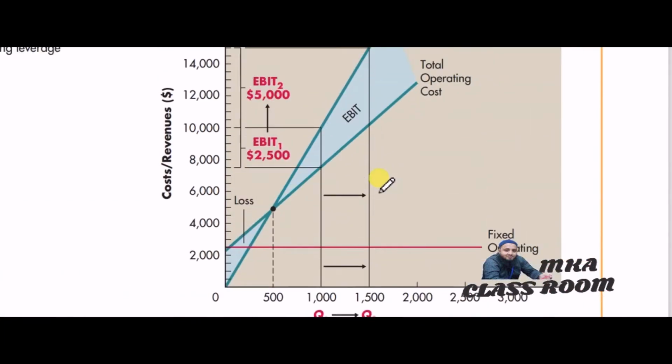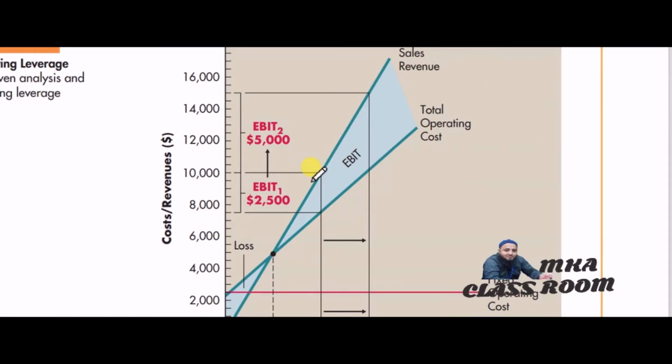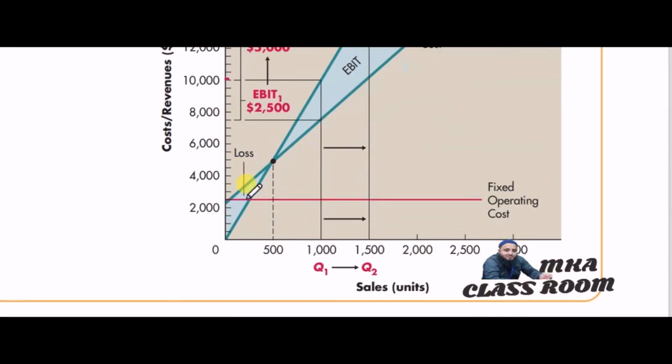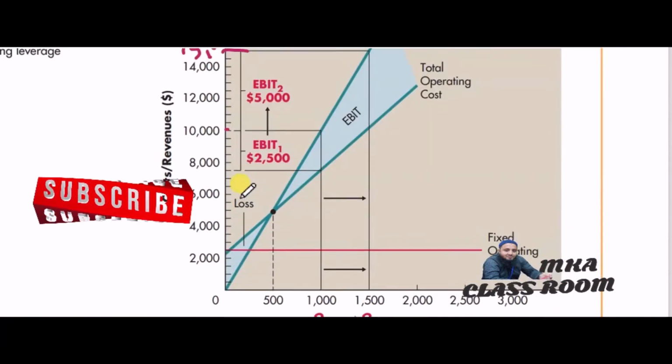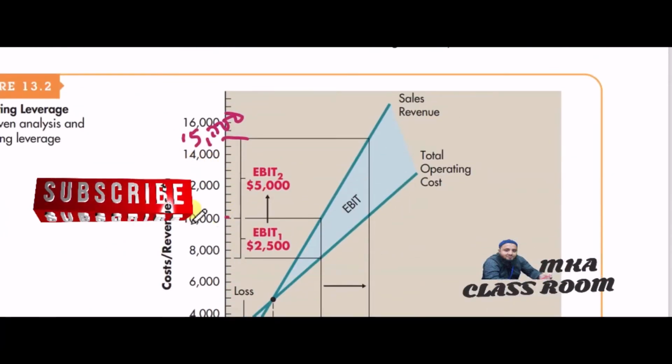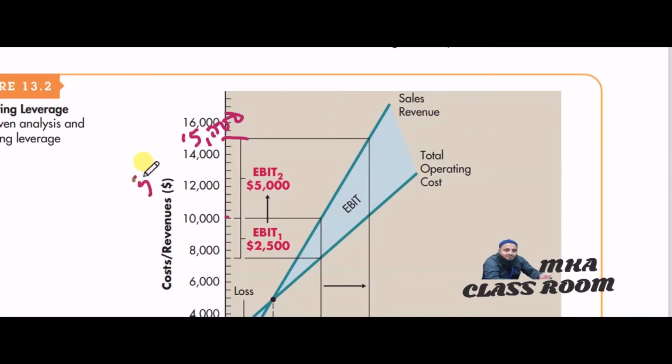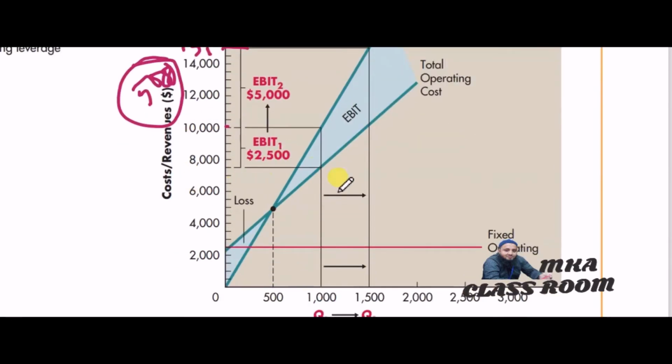What will happen? EBIT increases from 10,000 to 15,000. Here sales increase 500 units, but EBIT increases 5,000 taka. That is the effect of fixed operating cost.